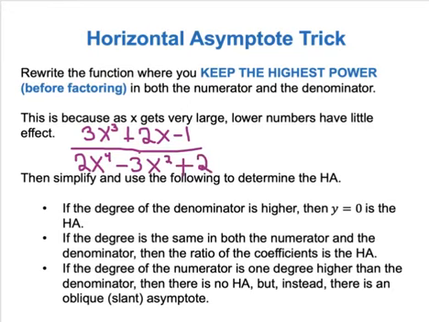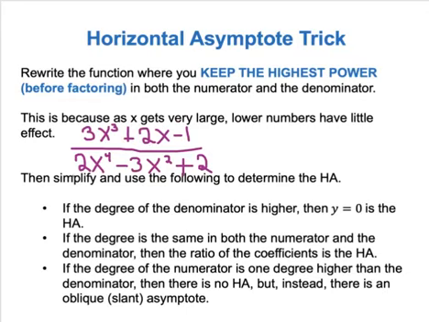Let's say you're trying to evaluate what happens at positive infinity. You can't plug infinity in here because it's not a real number, but you can pick a really large number like, say, a trillion. If I have 3 times a trillion cubed plus 2 times a trillion minus 1, that 2 times a trillion minus 1 is going to be way smaller than that 3 times a trillion cubed. So that relatively small value of 2x minus 1 can actually be canceled out when we go to evaluate the end behavior.